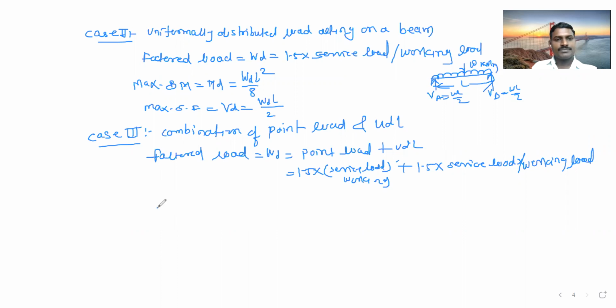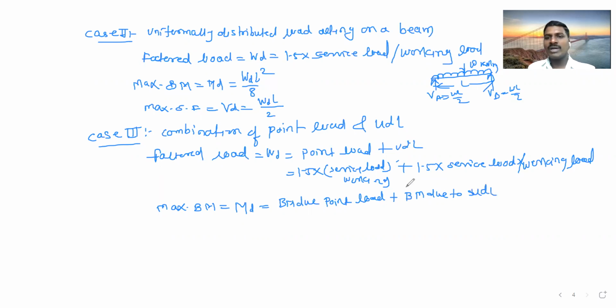So then maximum bending moment. So maximum bending moment is equal to MD is equal to BM due to point load plus BM due to UDL. बरोबर की नाही, दोन लोड आहेत, मग UDL मुळे येणारी बेंडिंग मोमेंट आणि पॉइंट लोड मुळे येणारी बेंडिंग मोमेंट. सो ड्यू टू पॉइंट लोड the bending moment is a WL by 4 plus WD L square by 8.